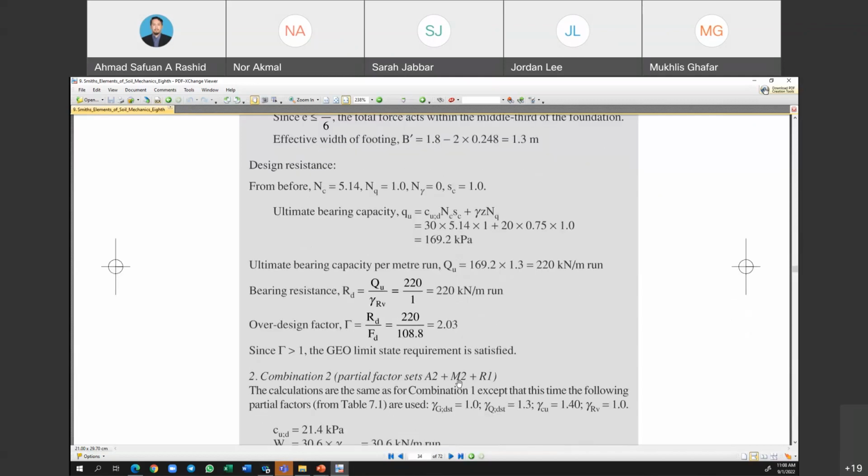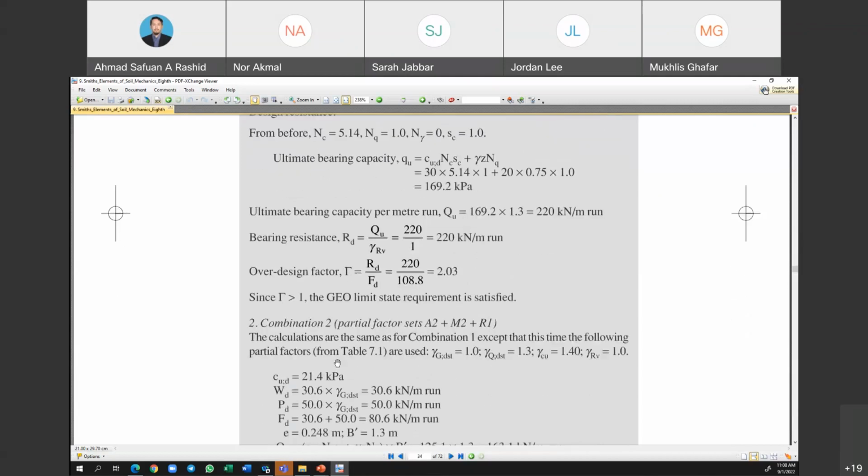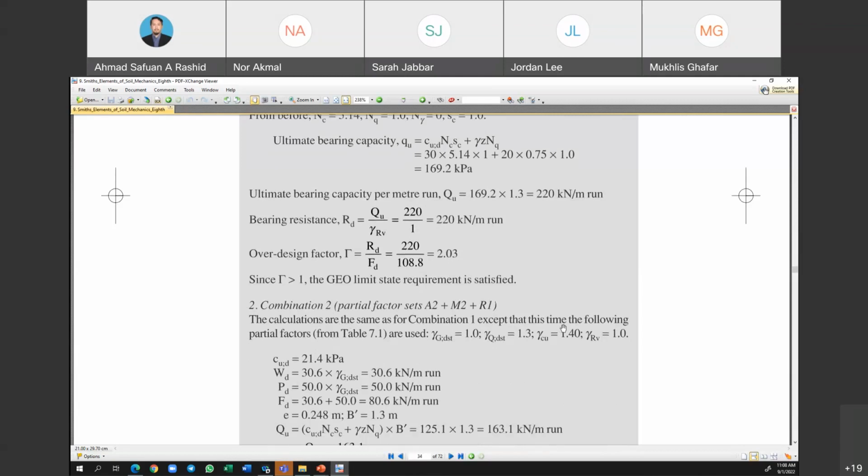Then for combination number 2, we need to do two calculations to cope with combination number 1 and combination number 2. The calculation is the same as for combination 1, except that this time the partial factors will be different, where we have 1.0, 1.3, and for the undrained strength 1.4.